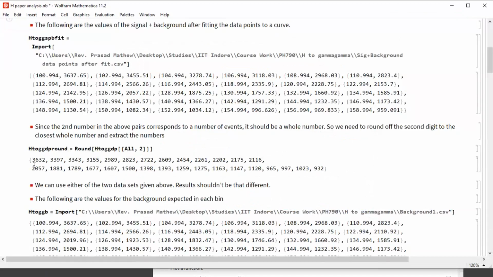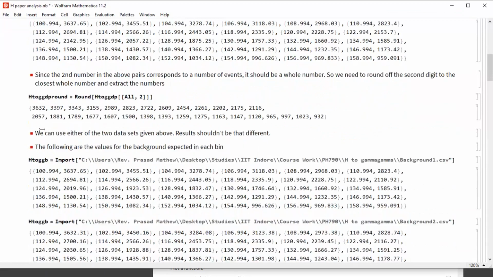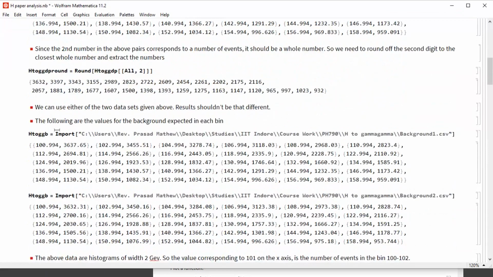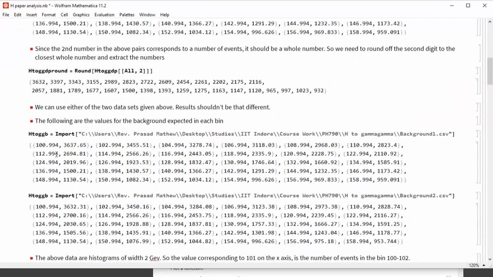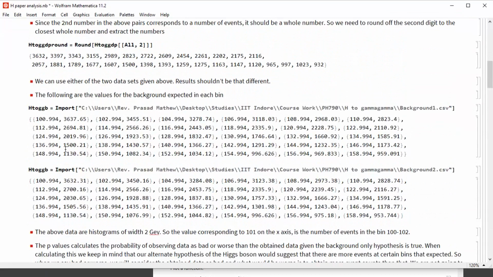Because for the Poisson distribution, since it's discrete, I needed to round it off first. For these big numbers, you can just use Gaussian, but if you have used Poisson, it's fine. Then the background also I sampled.